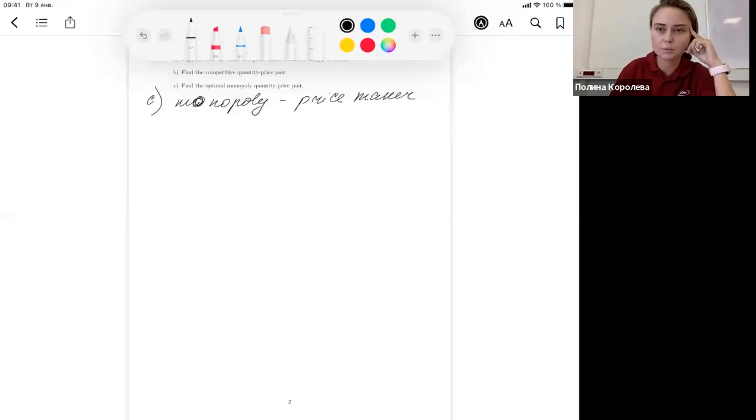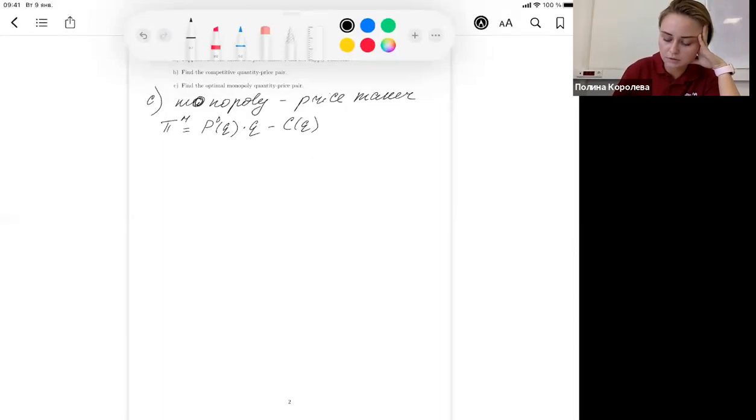So for a monopoly, price in total revenue is not constant anymore. Yes, our monopolist controls demand. It controls the demand of all consumers. So in the profit for the monopolist, here will be not a constant price, but the inverse demand function minus total cost.